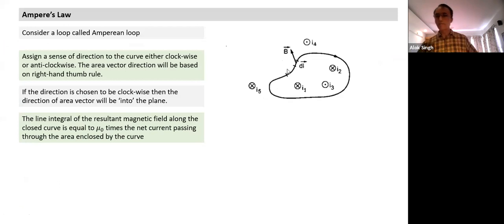I think this part should be easy to understand if we have a certain arrangement of current carrying elements, which creates a certain field. The field doesn't depend on the kind of loop we choose.